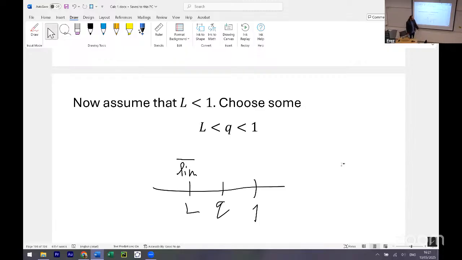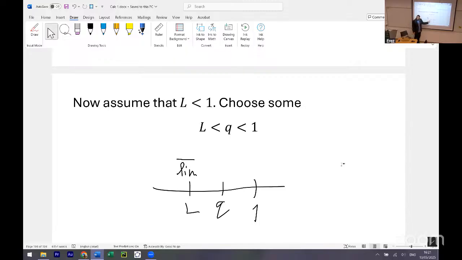Okay, so this is the lim sup of the sequence. That means that L is the biggest partial limit of any subsequence. What does it mean about the elements of the sequence? They are smaller than Q from some point forward.